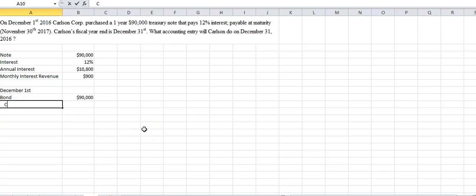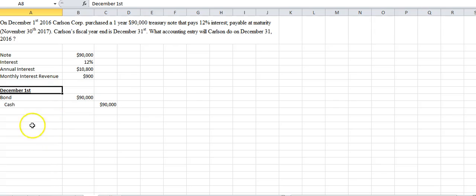So my cash goes out, right? Bond goes in, cash goes out, $90,000. Perfect. Now, this is December 1st. Now on December 31st, I want to let my investor know how much interest I've earned on that bond for this year, right?